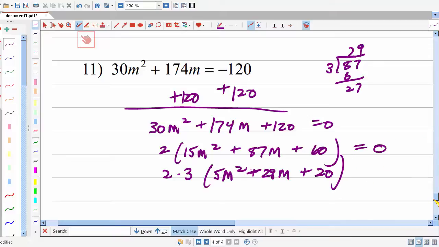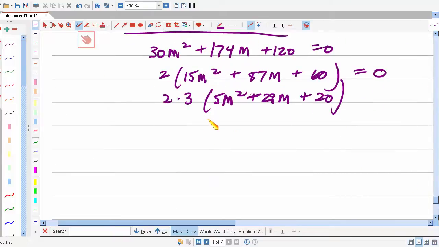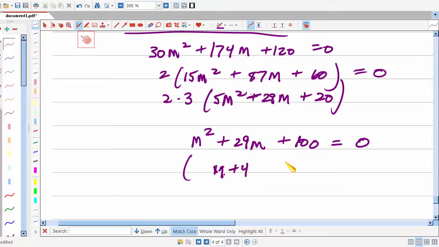Okay, so now I'm going to use my trick technique to factor that. So the first thing I do is factor m squared plus 29m plus 100 equals 0. And then two numbers that multiply to be 100 and add up to 29 are m plus 4 and m plus 25.